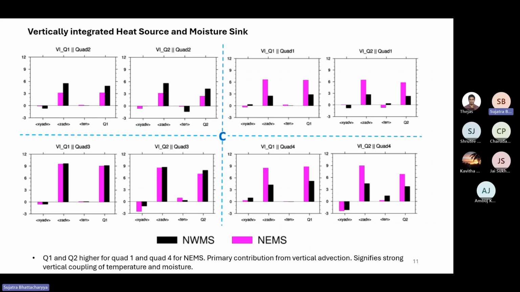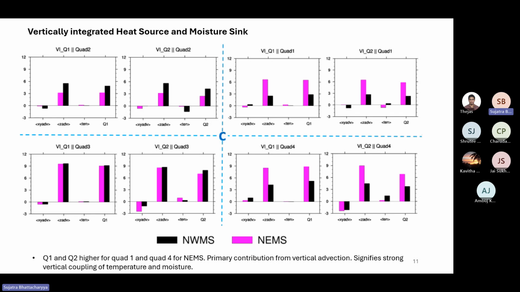And you can see that for all the variations of Q1 and Q2, the primary contributor is coming from this vertical advection term of temperature and moisture. So it suggests that there is a strong vertical coupling at different levels, especially for northeast moving cases in the first and the fourth quadrants.